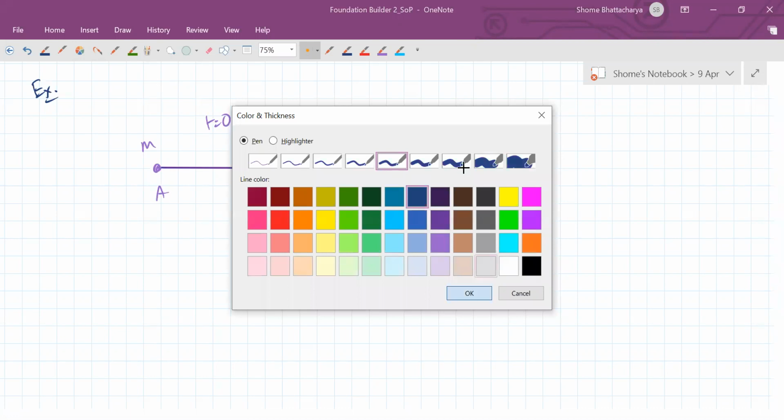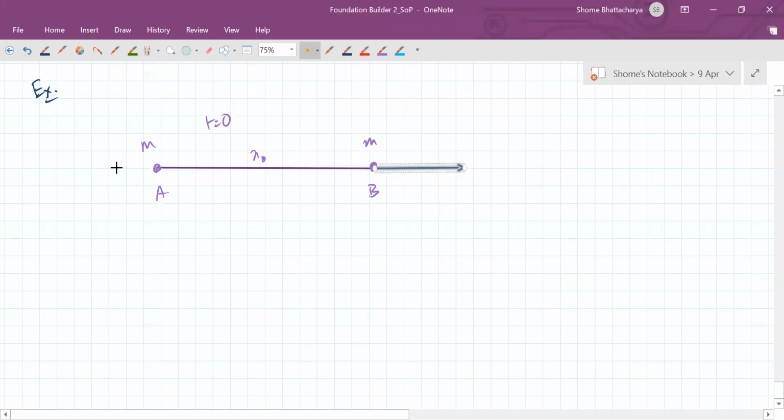So this one is moving with some velocity in this direction, and this one is moving with some velocity in this direction. VB is, let's say, 5 centimeters per second in that direction, whereas VA is, let us say, 3 centimeters per second.